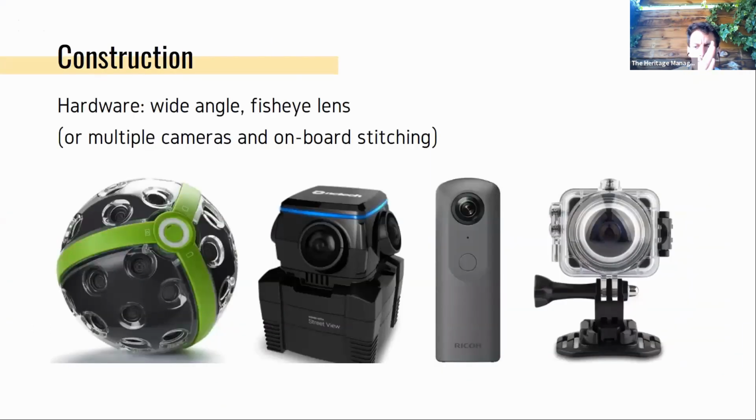Of course, in order to generate these panoramic images, we need hardware. The hardware most of the time consists of very wide angle, which means very short focal length lenses, fisheye lenses, these kinds of things.